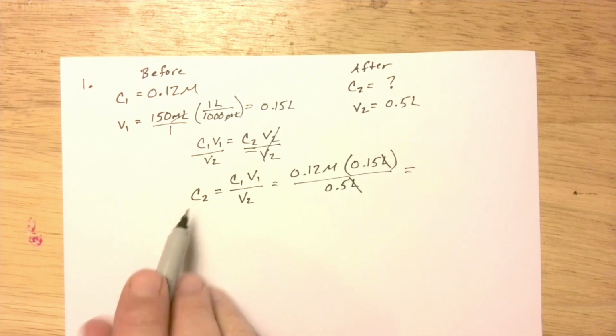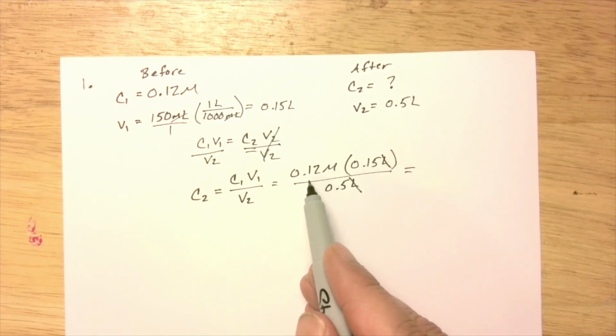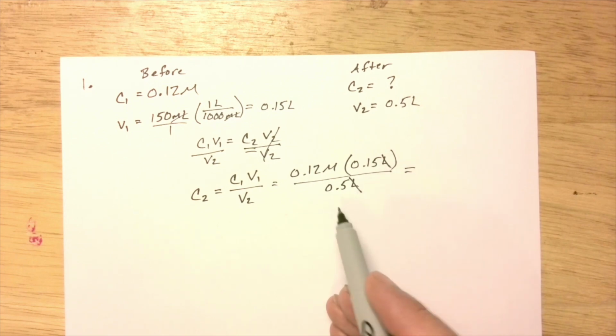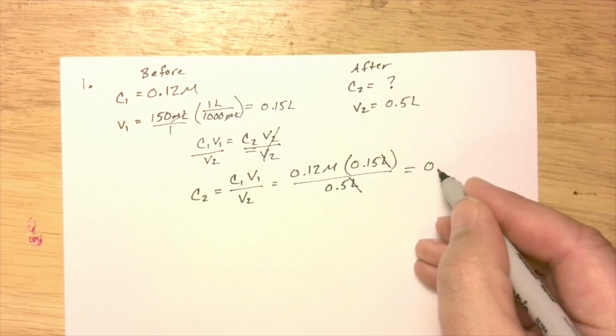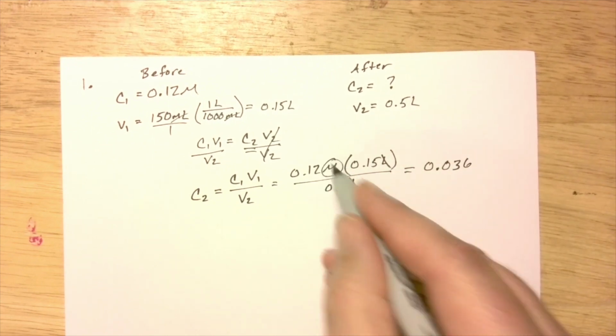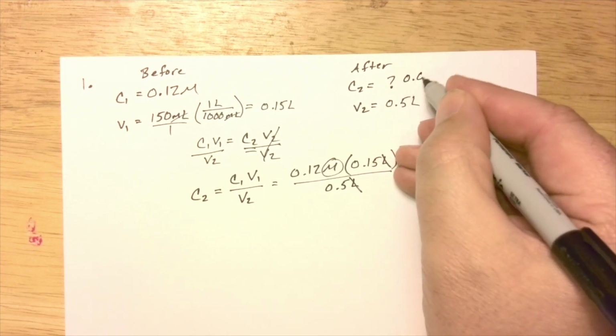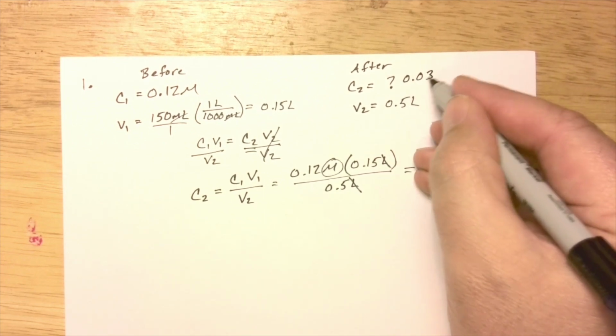So again, you multiply the top, you divide the bottom. So 0.12 times 0.15 divided by 0.5, you end up getting 0.036, and the unit left over is molarity. So this is 0.036 molar.